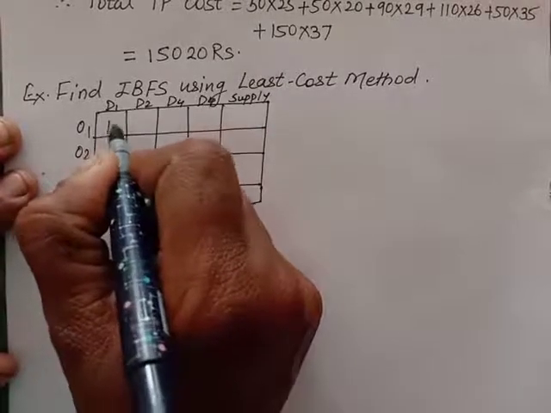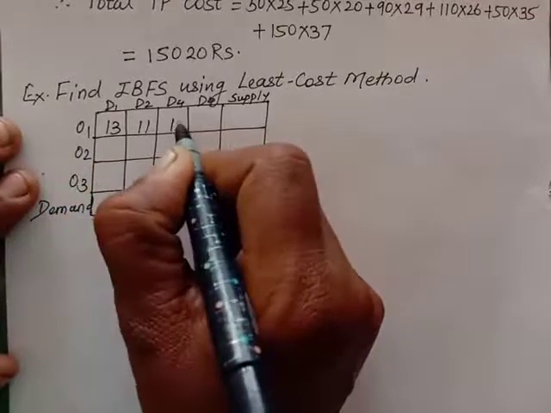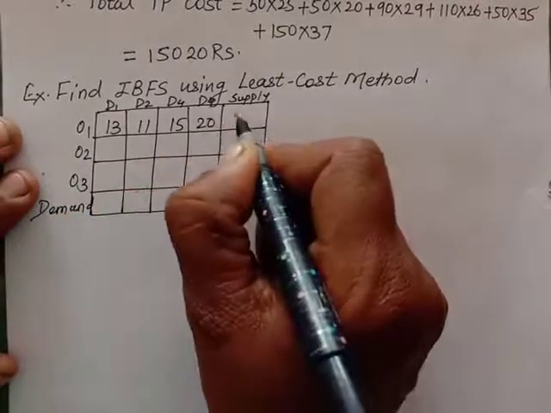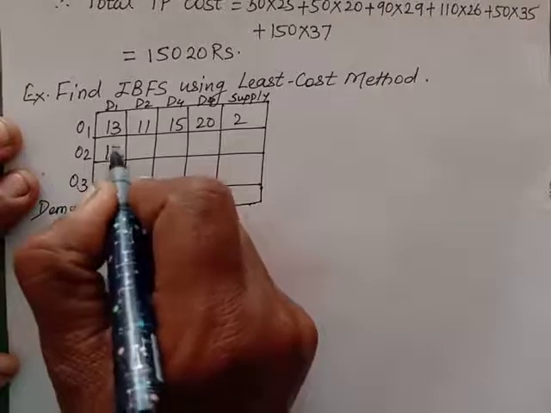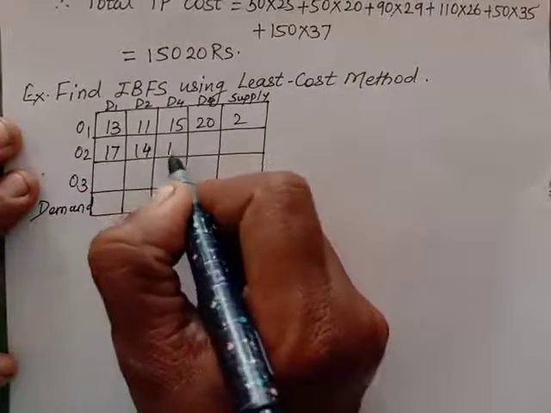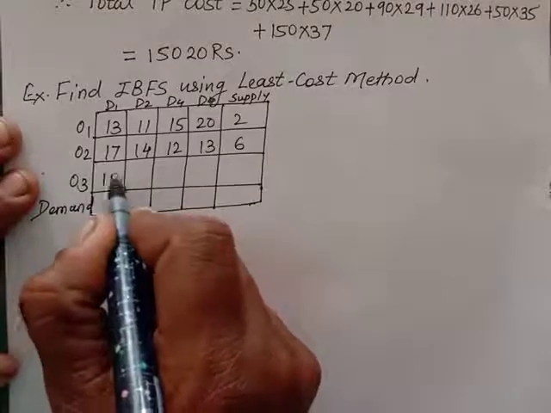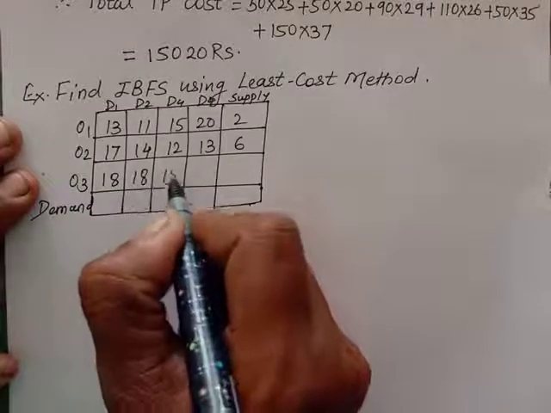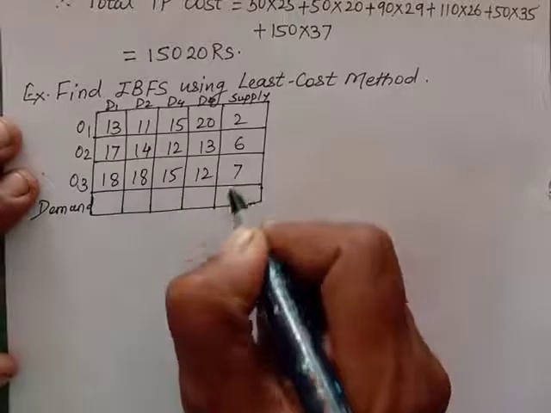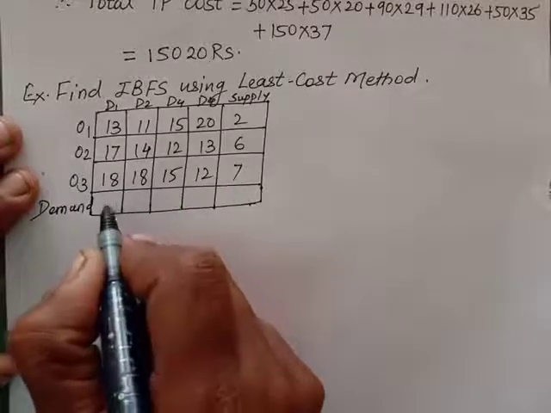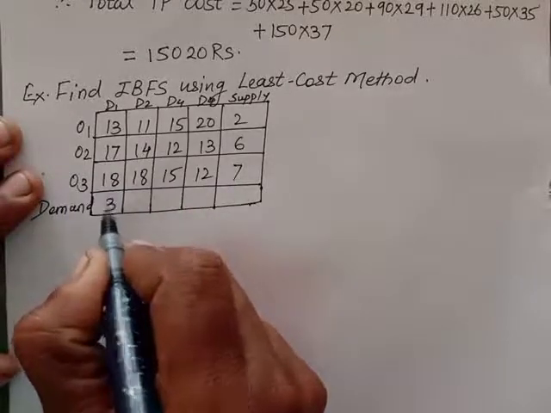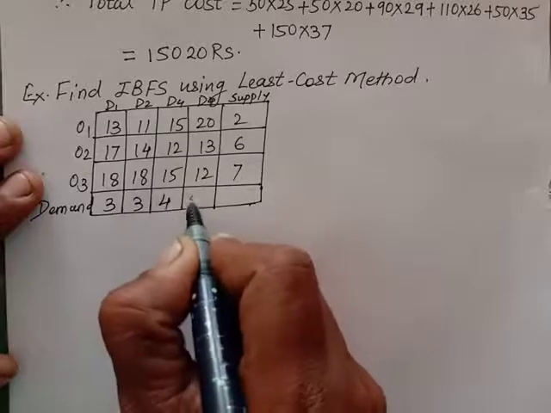The costs are 13, 11, 15, 20 and the supply is 2. Here it is 17, 14, 12, 13 and supply is 6. 18, 18, 15, 12 and the supply is 7. And here the demand is 3, 3, 4, 5.